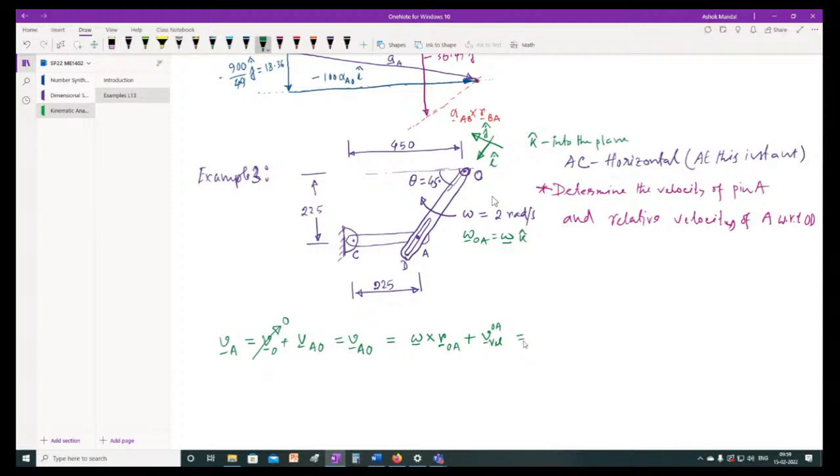This V relative term. Now omega is known to us, this is 2K. And what about ROA? What is this distance? Not fixed, but at this instant, it is 225 root 2.